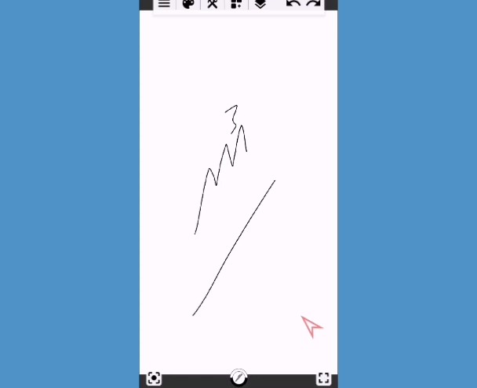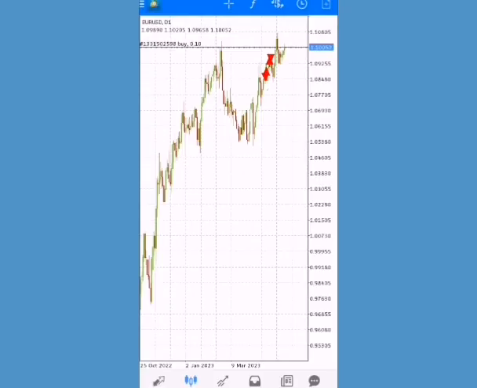So you might think this is the time to sell, and this is not, because it's an uptrend. On an uptrend, what you want is to buy. So based on your strategy, you decide whether you want to buy or sell based on the higher time frame. Okay, that was the second thing.